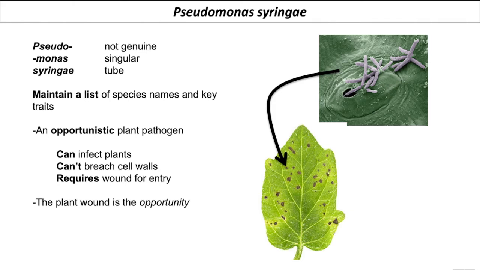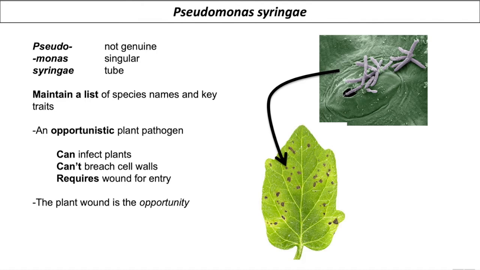I'm also going to suggest that if you want to learn microbiology, you're going to want to maintain a list of all the species that you come across. So as you're reading, as you're watching videos, as you're doing research on your own, just find someplace in your notebook, have the left side be genus and species names, have the right side be key traits.